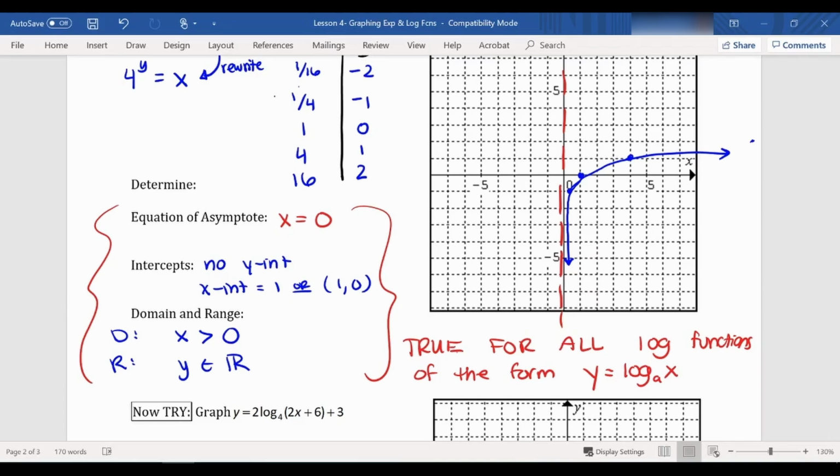So log base 5 of x, log base 6 of x, log base 7 of x, any base I put in, I will have a vertical asymptote at x equals 0. I will have no y-intercept, and I will have an x-intercept at 1. My domain will be x is greater than 0. My range will be all real numbers.